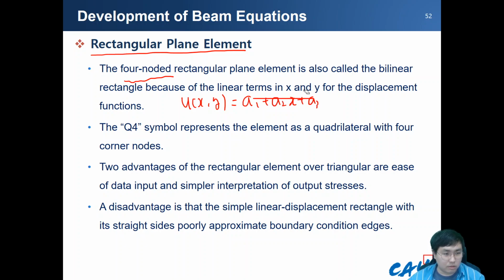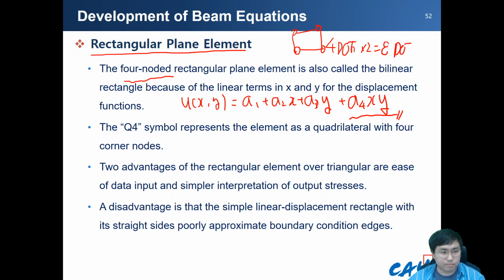In the previous triangle element, the expression looks like this. However, in the rectangular element, we have one more nonlinear term. In a four node element, each direction has 4 degrees of freedom, so a total of 8 degrees of freedom, so that we have the opportunity to have one more coefficient.